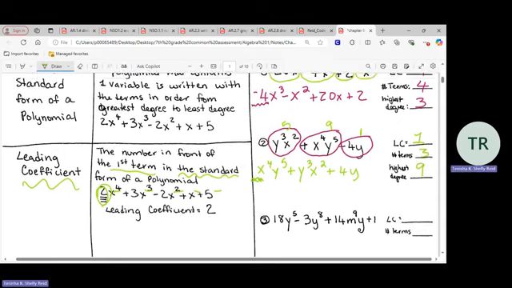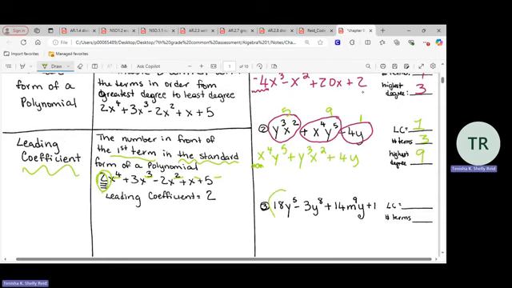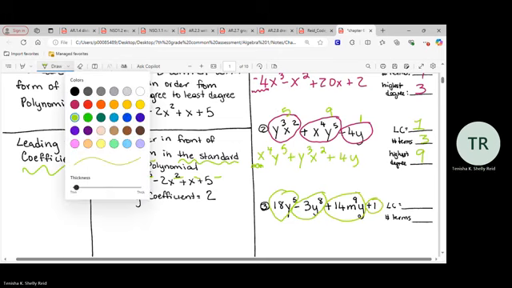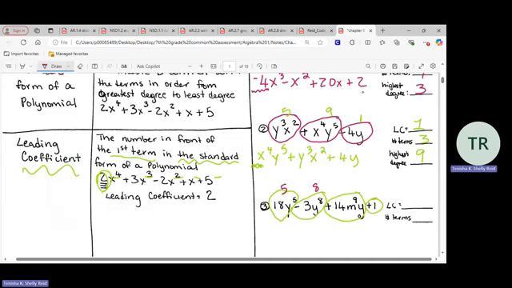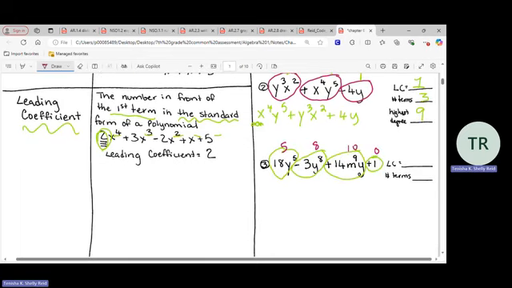For number 3, we should have had 1 term, 2 terms, 3 terms, and 4 terms. The degrees would have been 5, 8, 10, and 0. And so when we put that in order, in standard form, we would have 14m to the 9th y, and it's positive.